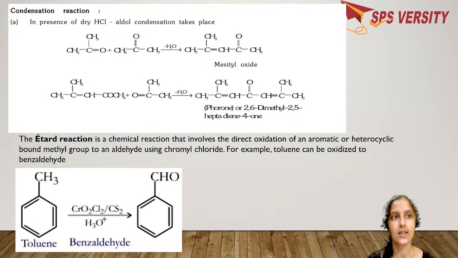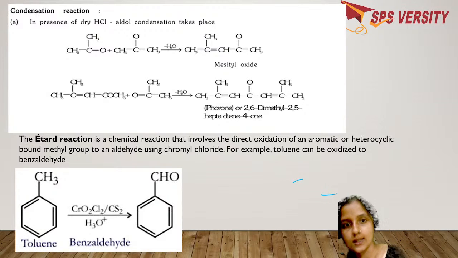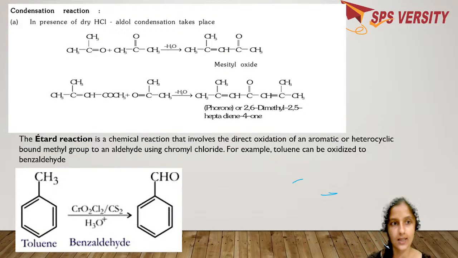And we have some condensation reactions. Say if you take the aldehyde and the ketone, they undergo condensation reaction. This is already discussed. And we have the Etard reaction over here. In the Etard reaction, you are going to use chromyl chloride, which you use for chloride detection.